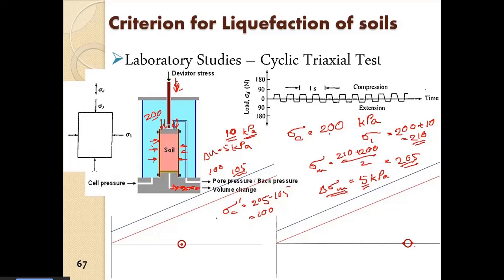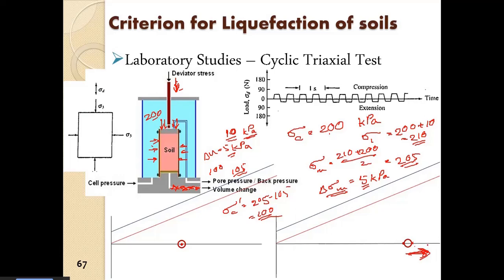So the thing is that due to the development of pore pressure of 5 kPa, the effective mean confinement will remain at the same point, though the increment of the total stresses is occurring towards the right direction.